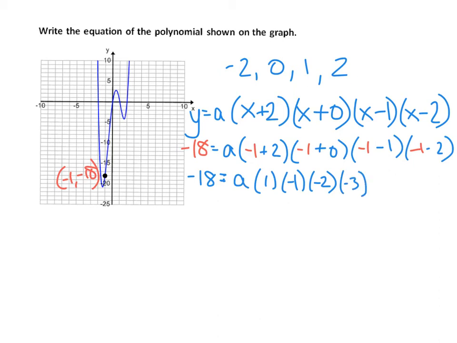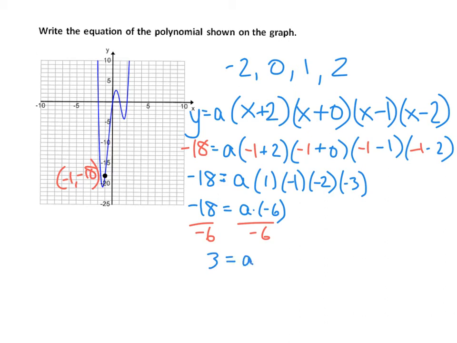So we will simplify all the multiplication on the right-hand side of the equation. -18 equals a times 1 times -1 times -2 times -3, which will end up being -6. All right. Then we are going to go ahead and divide both sides by -6, which will help us solve and get our a value.